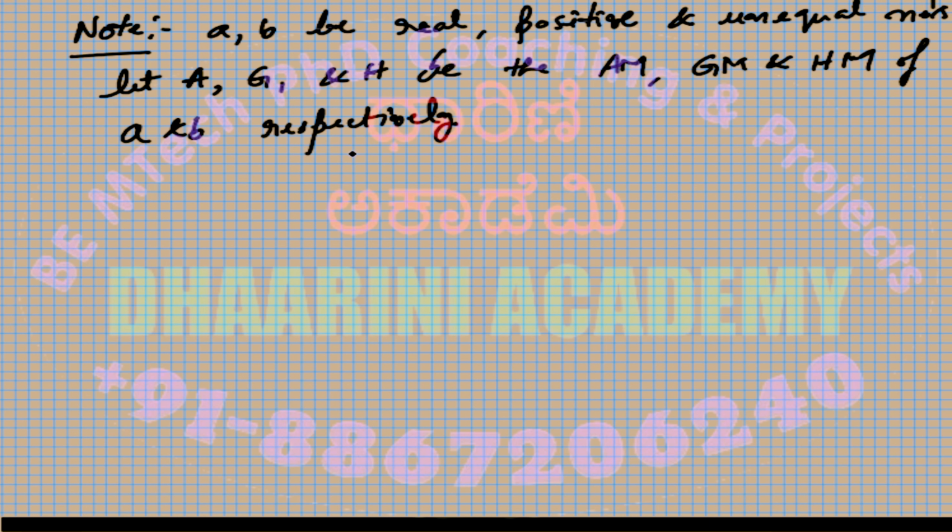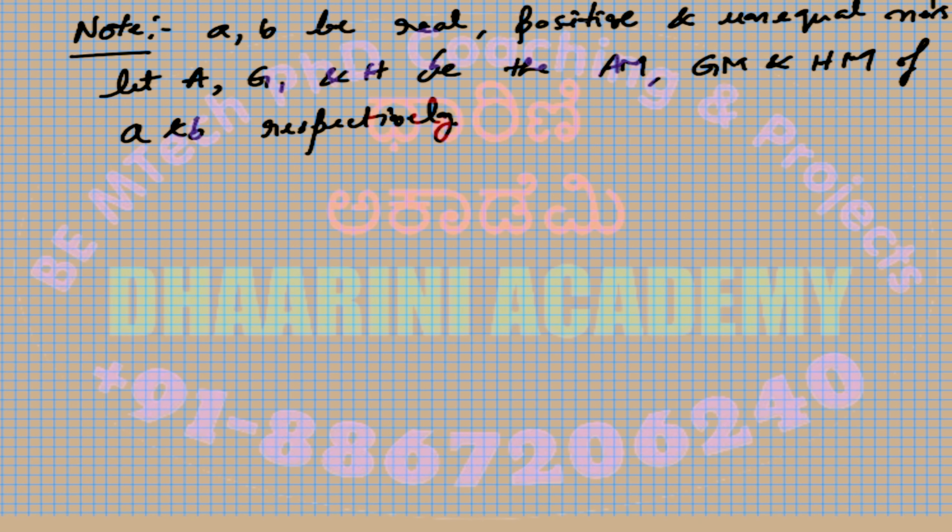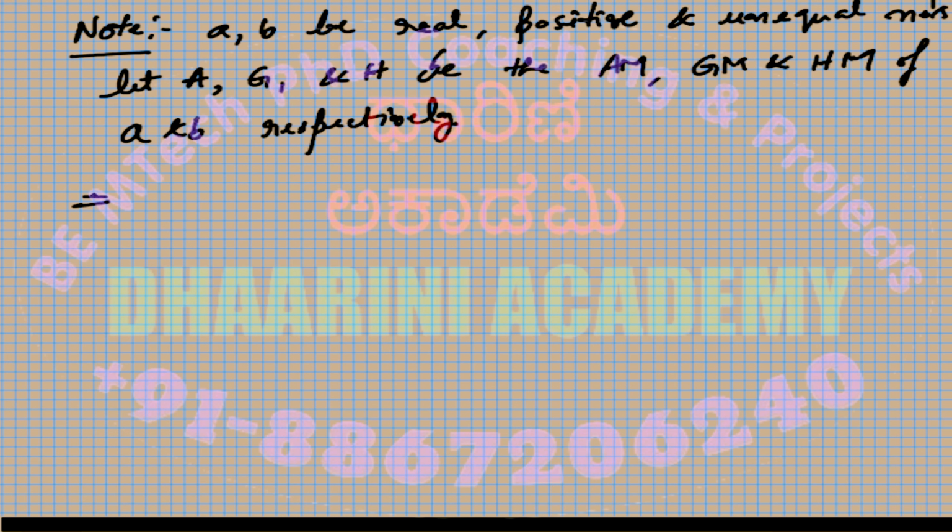Right, then we have some points to remember related to the relationship between A, B, capital A, capital G and capital H. So this is going to imply that G square is equal to capital A into H. So this actually means that A comma G comma H are in geometric progression.